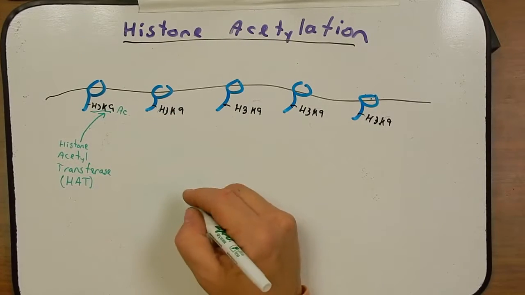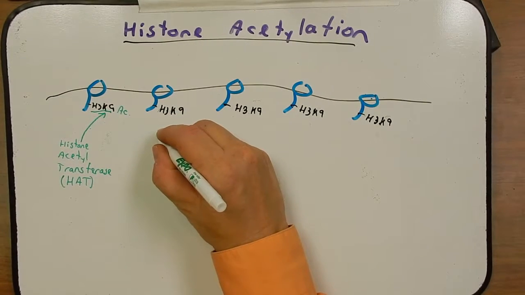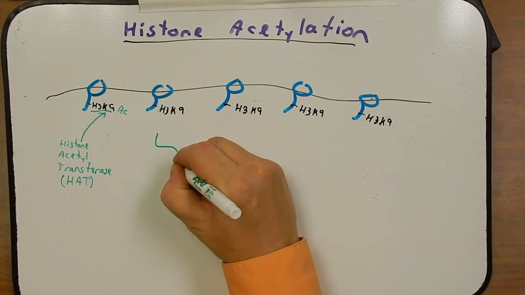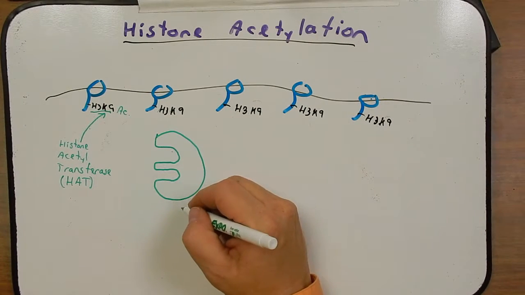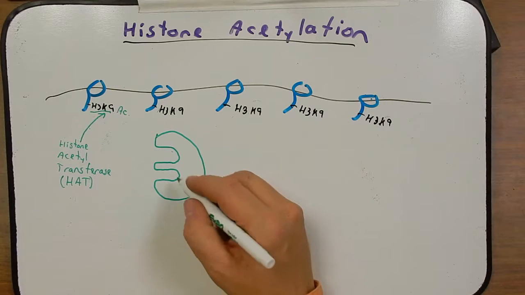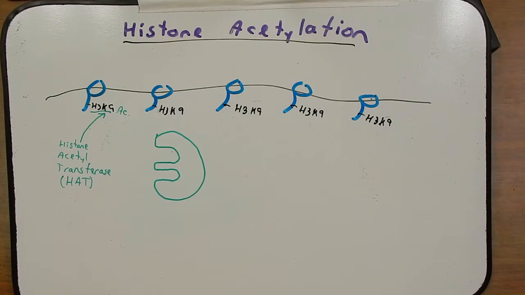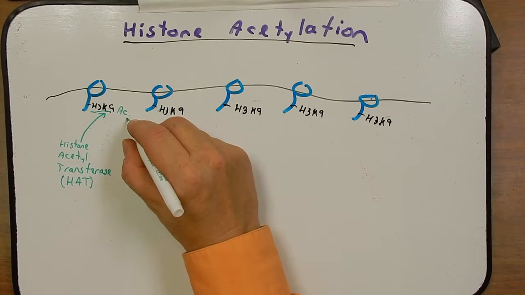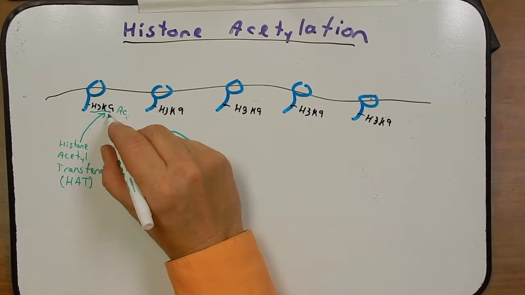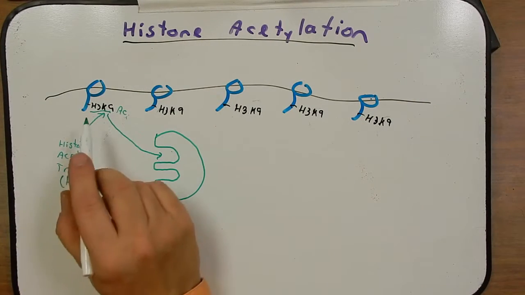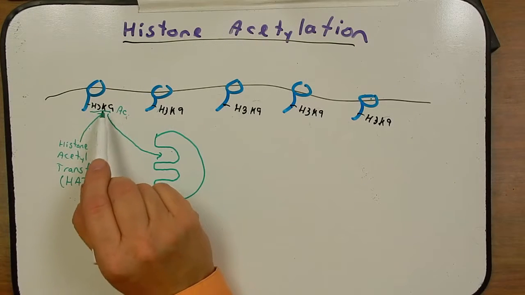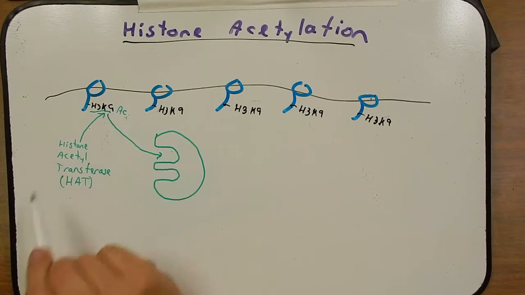So how does it add this acetyl group? Well, let's go ahead and draw kind of this generic looking enzyme. And you'll notice I drew two binding sites on this enzyme. The first one here is the active site that will bind H3K9. It'll bind this lysine. Now remember, we want to add an acetyl group to this lysine.